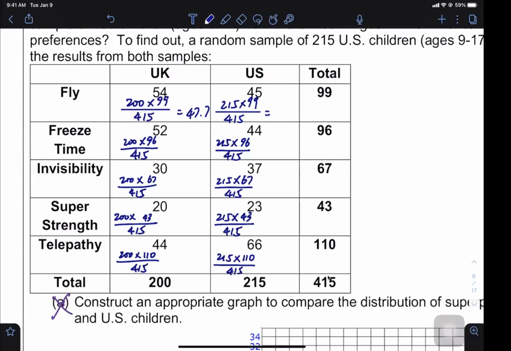So there are all the expected counts. And then we need to check one by one if the expected counts are all greater than 5. But definitely they will be.